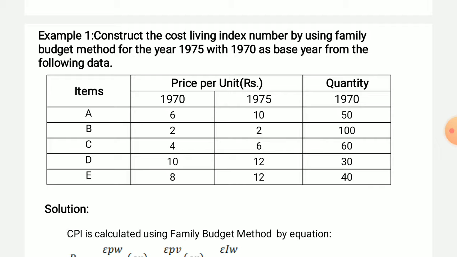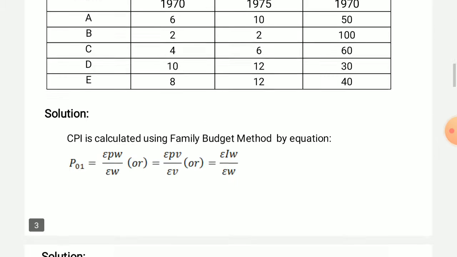So in this problem we have to construct a cost of living index number by using family budget method for the current year 1975, and base year price P0, current year price P1, and base year quantity Q0 are given. And with the given data we have to calculate or construct the cost of living index number.